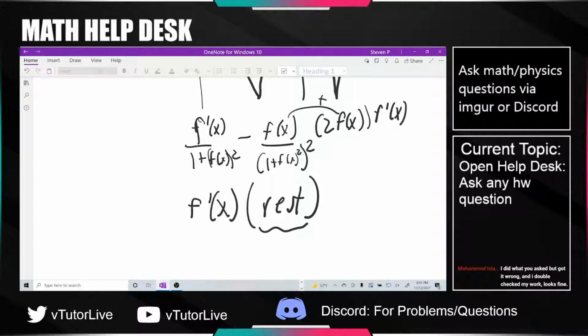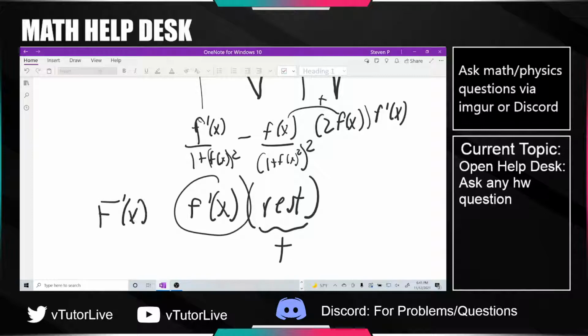If you can show that all the rest of here is always positive, or maybe always negative, I forget which, then its magnitude can fluctuate a bit, but f prime of x should totally dictate the sign of capital F prime of x.